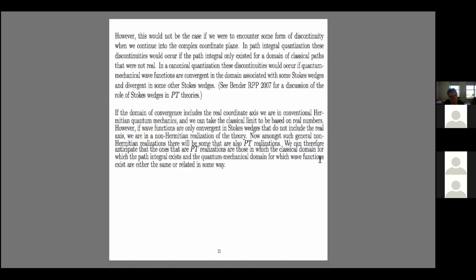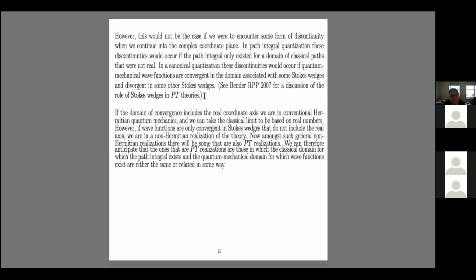except if you cross a singularity, a discontinuity, when you do the transformation. Namely, if you go into a different Stokes wedge. So you can have one Stokes wedge containing the real axis and a different Stokes wedge in which you are not. And Carl has developed the theory of Stokes wedges in PT theories.